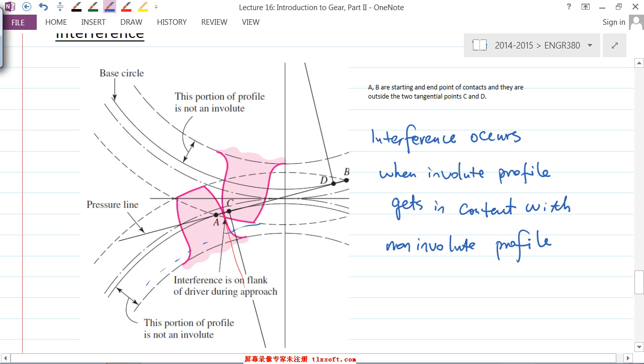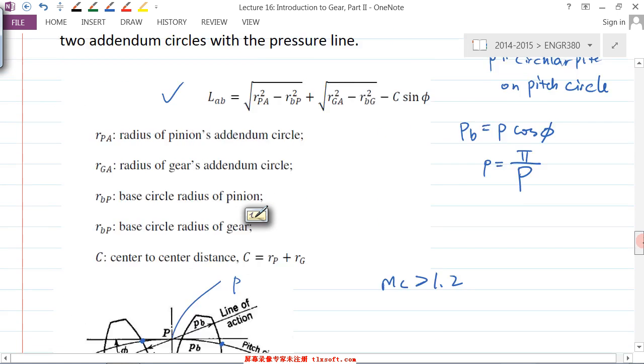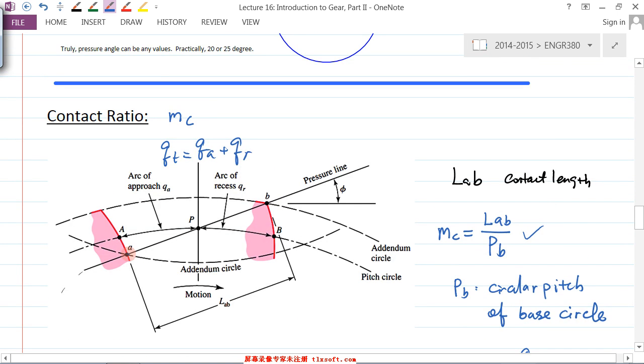So under what condition will this interference happen? Here are a few facts you have to understand. One fact is what I just said previously: the starting point where the teeth start to engage, and the point when they start to disengage, or leave each other.